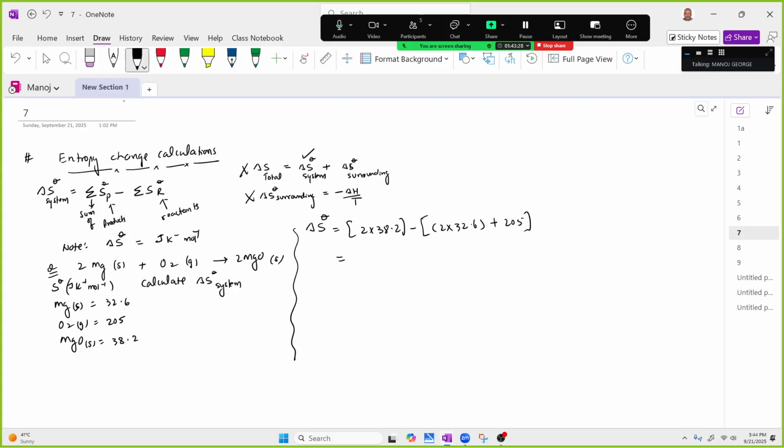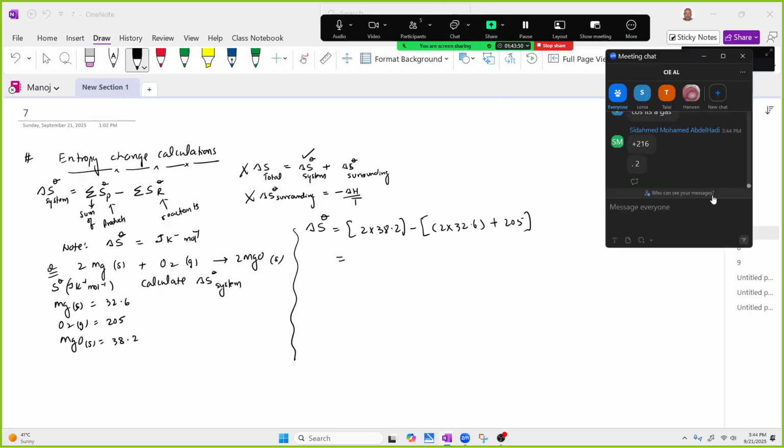Give me the final answer and tell me if it's plus or minus. Guys, final answer please. Is that a 216? Are you sure? You want to check that again?